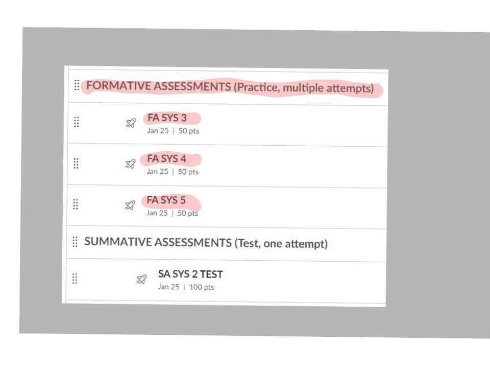Okay. At the point when you've done your formative assessments and you feel confident, remember that the last thing then we have is the summative assessment. This is like your test in a traditional classroom, so you want to make sure that you are in a quiet spot, that you have enough time to take it. It is not a timed test, but notice that there is only 1 attempt.